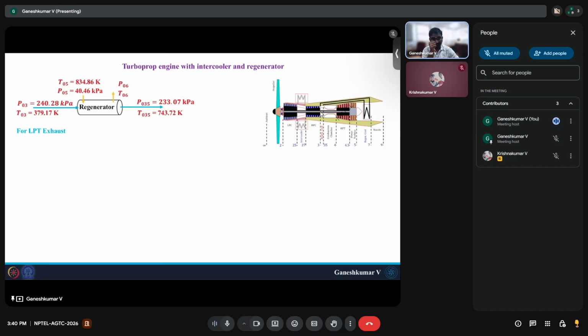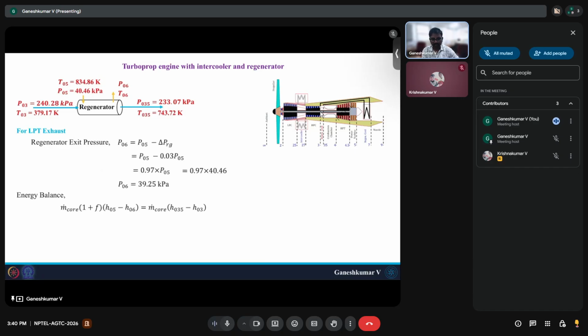Now the remaining gas is going to go through the regenerators. And across the regenerator, you have a pressure loss of 3%, which reduces your pressure from 40.46 to 39.28 kilopascal. And you can also do an energy balance to find the temperature at the exit of the regenerator, so that the remaining gases expand in the nozzle.